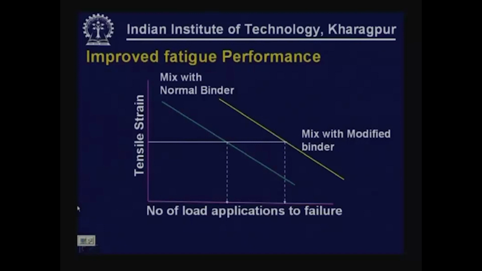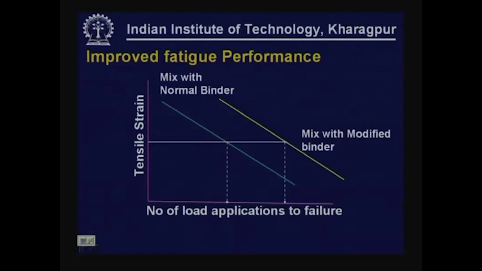These modified binders are also normally known to improve the fatigue performance. This is illustrated in this sketch. For example, there is a bituminous pavement and for a given tensile strain, which is represented on the y axis, the two lines represent the behavior of the mix with normal binder and the behavior of the mix with modified binder.